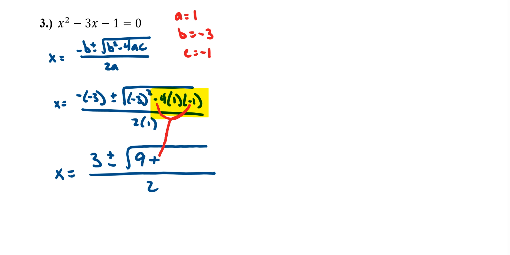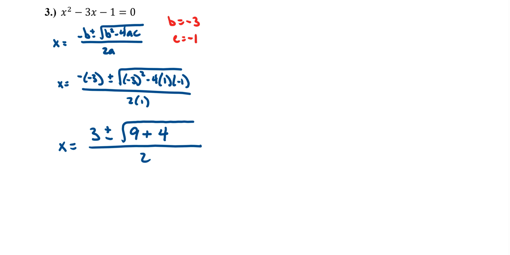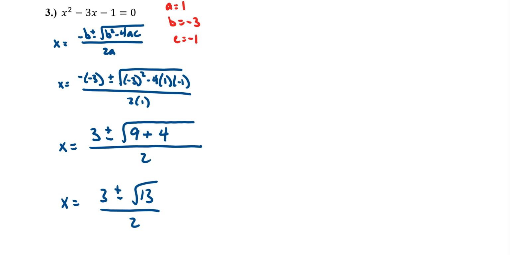So once we know it's plus, all we got to do is 4 times 1 times 1, which gives us 4. So if you do it that way, then the next part is pretty much done here, because all you have to do is 9 plus the 4 gives us 13, and then you're actually done.